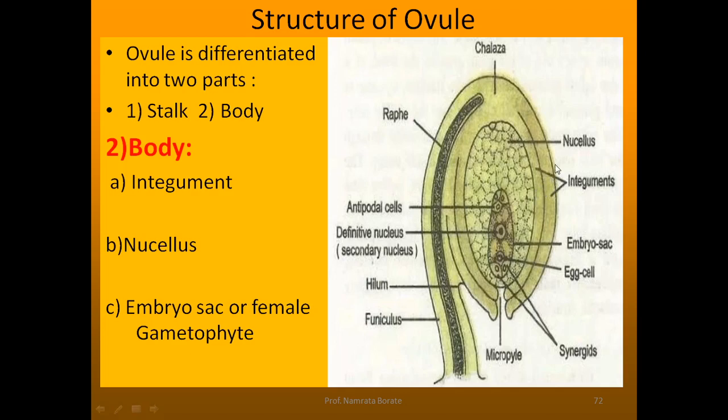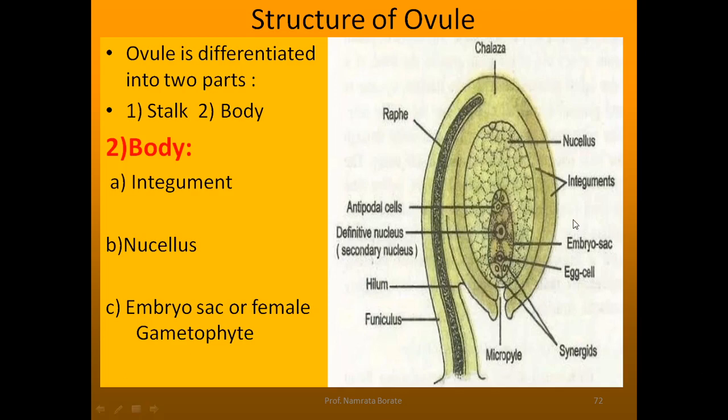When the nucellus is covered by two integuments, it is called bitegmic. A small opening is left at the apex of the integument, which is called the micropyle.